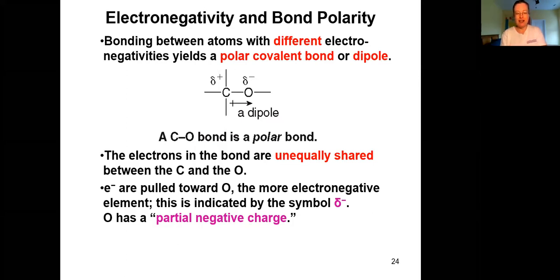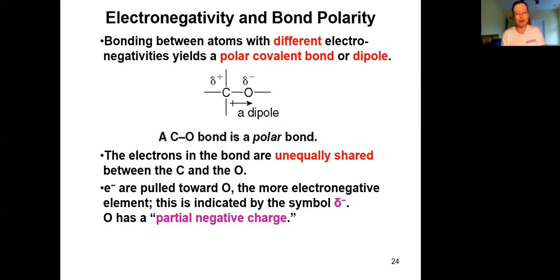This one's delta negative. We say that oxygen has a partial negative charge. I don't just put a negative sign next to the oxygen. He doesn't have permanent custody, 100% custody of the electrons in the bond, like you would with a metal. He has temporary custody, but he gets to see the electrons a lot more than the carbon does.